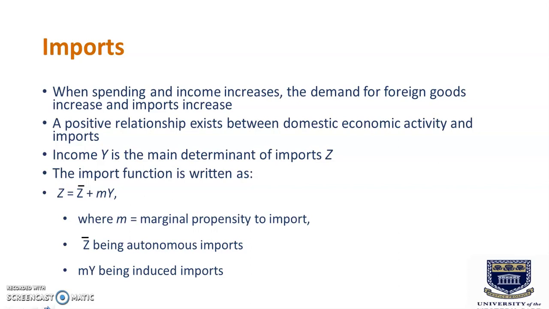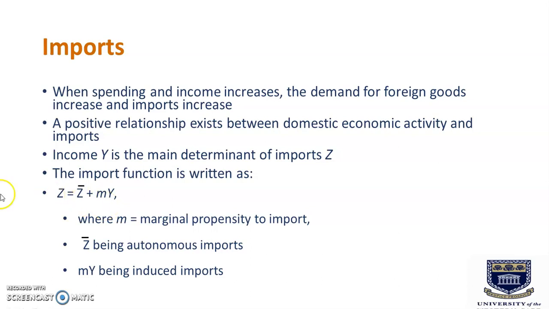If income, Y, is the main determinant of imports, Z, then the import function looks something like the consumption function. Imports have an autonomous component, Z bar, as well as an induced component, MY, where M is the marginal propensity to import.